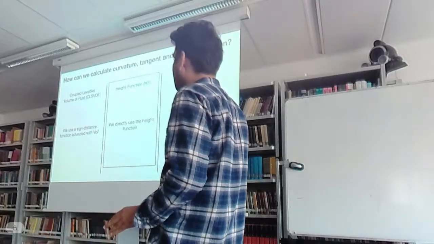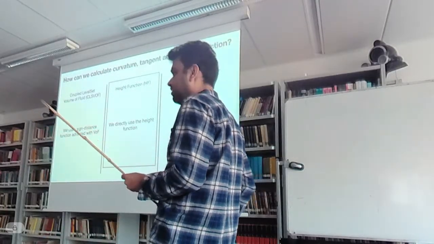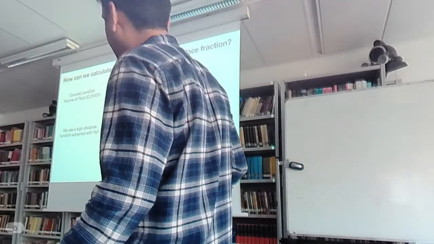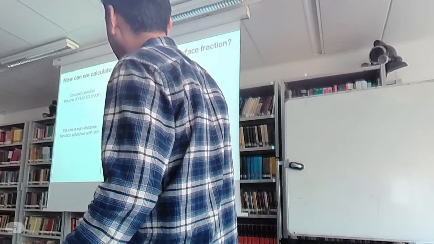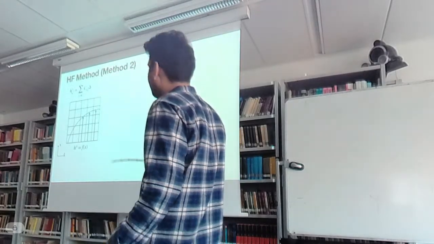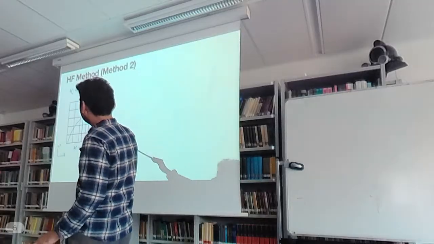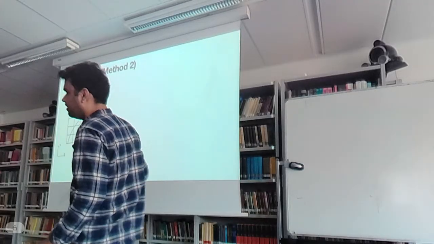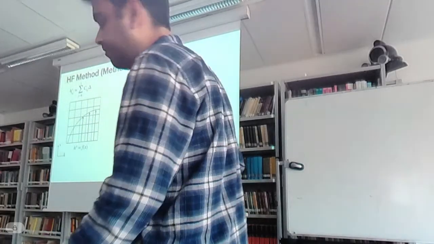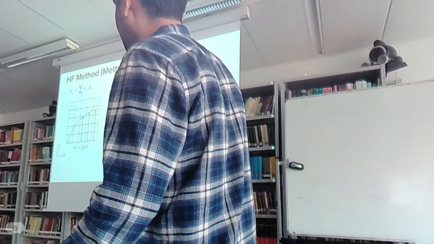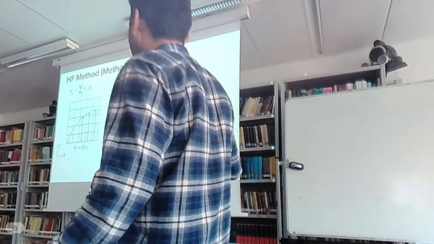So we also tried a height function method, where we directly use the height functions to evaluate these geometric terms that I said. So we have height functions, which is nothing but integration of the color function in the vertical direction, but you can do the same in the horizontal direction.